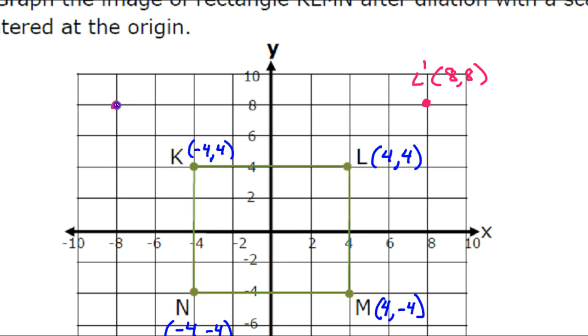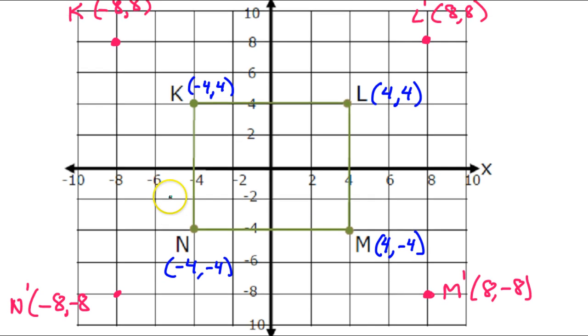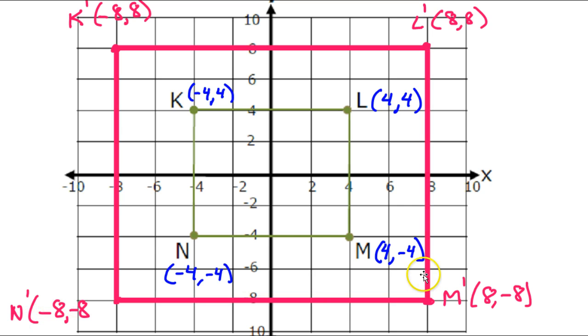M prime will be at 8, -8. And N prime will be at -8, -8. And of course I could connect all these points for the full rectangle. So there is the image for problem number 1.